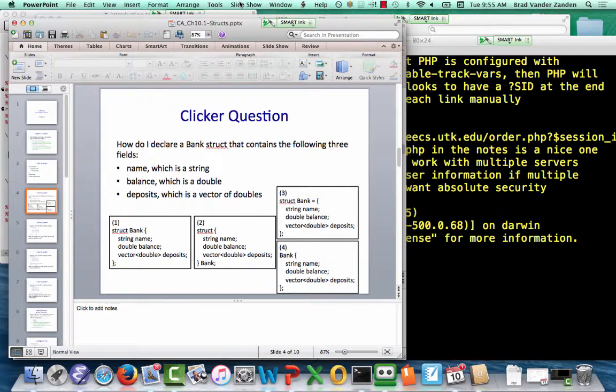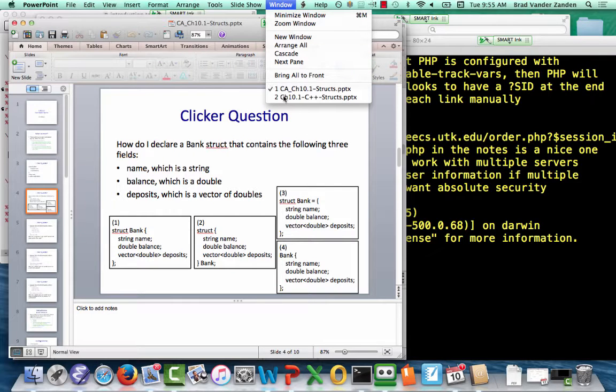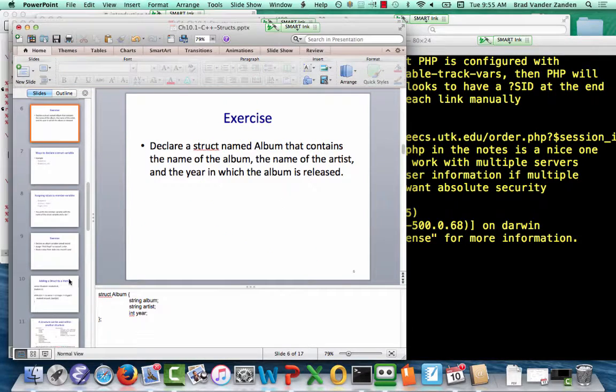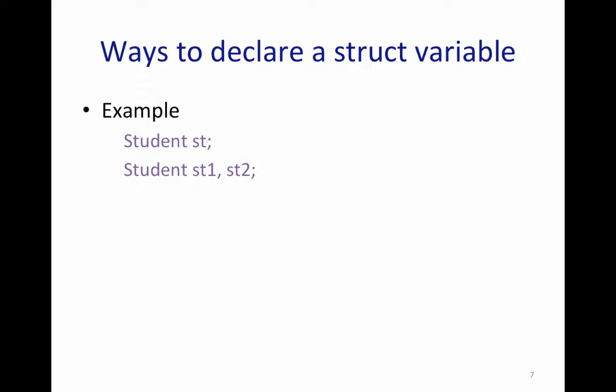Okay, so we've shown you how to declare a struct. Now let's say we want to use a struct in our program. It looks just like any other variable. You put the name of the struct and then the name of the variable, or a comma separated list of variables.